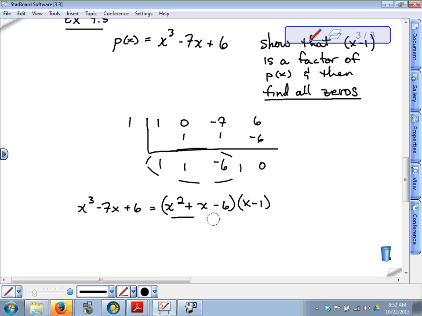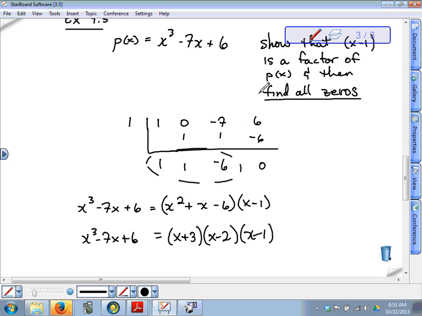That can be factored further into x plus 3 times x minus 2 times x minus 1. So by using synthetic division, we fully factored a polynomial that otherwise we didn't know how to factor using traditional factoring techniques. This is fully factored because there's 3 factors. It was a third-degree polynomial to begin with.